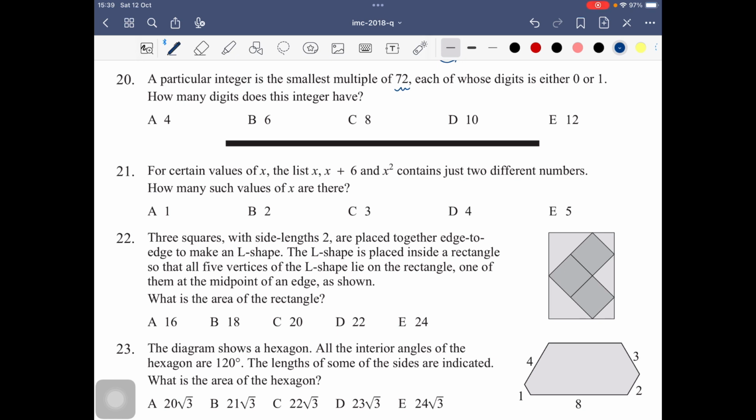So 72 is 9 times 8, so 2 to the power of 3, 3 to the power of 2. So when we multiply something here, this should have only 0 or 1.